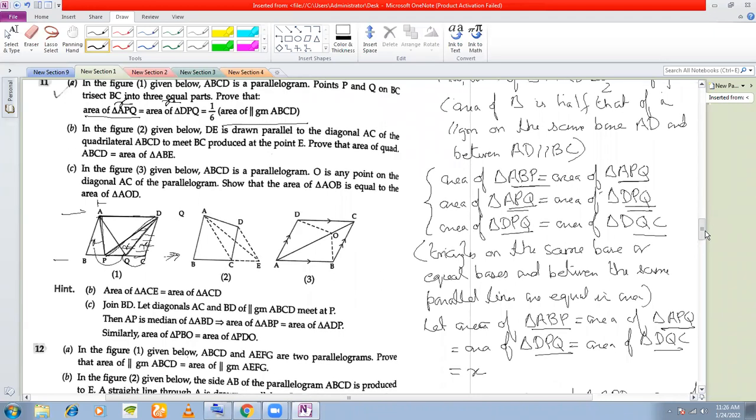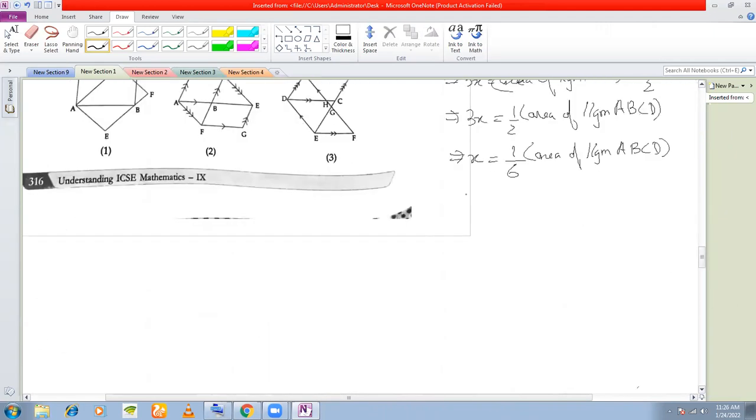So that means you can say the area of triangle APQ is equal to the area of triangle DPQ is equal to 1/6 the area of parallelogram ABCD.